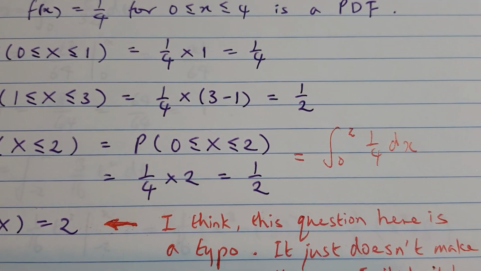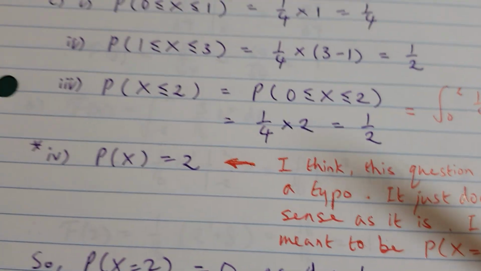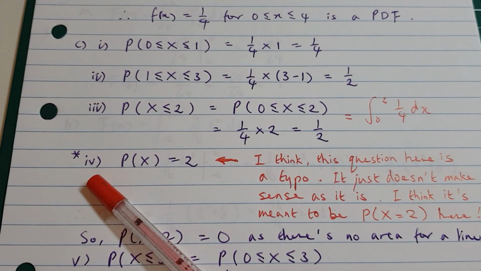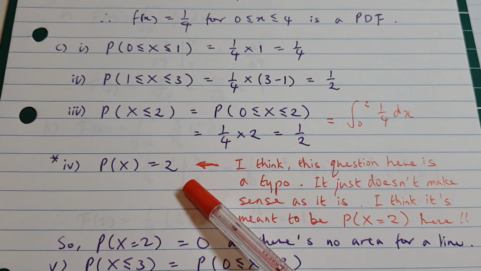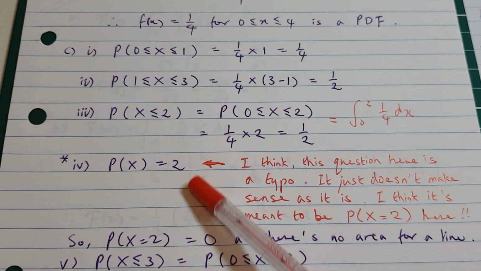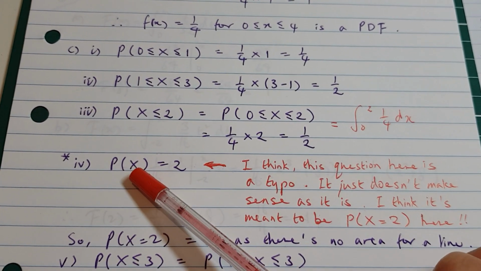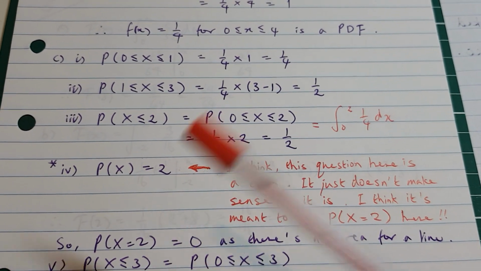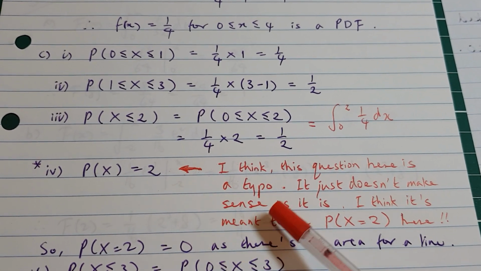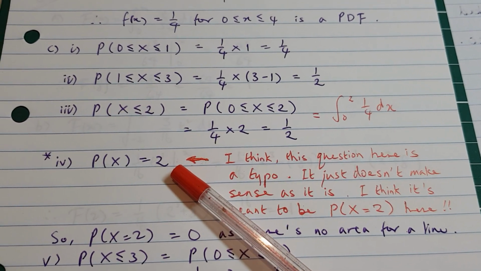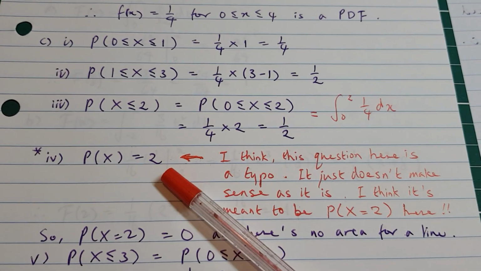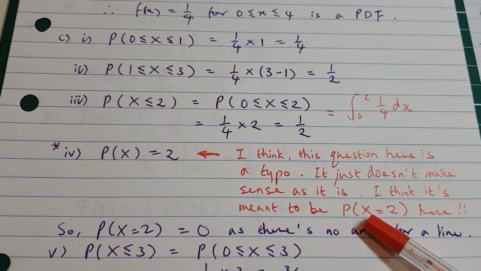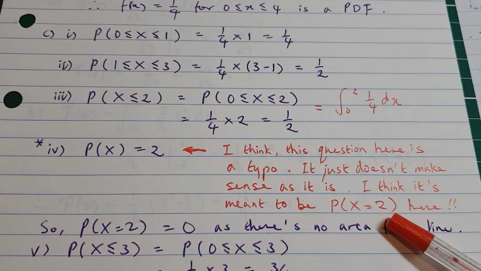Okay, all right. So now this is the part where the actual question says P of X equals 2. If you read it carefully, that means the probability of the random variable being 2, and that doesn't make any sense, because you can't have a probability greater than 1 anyway. So my guess is the probability of X, the continuous random variable, being exactly 2.